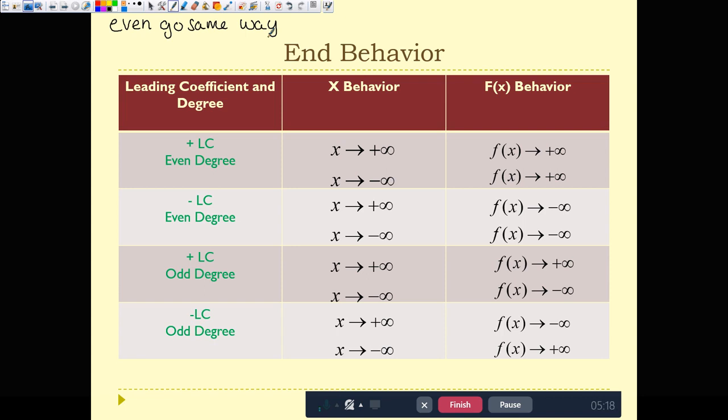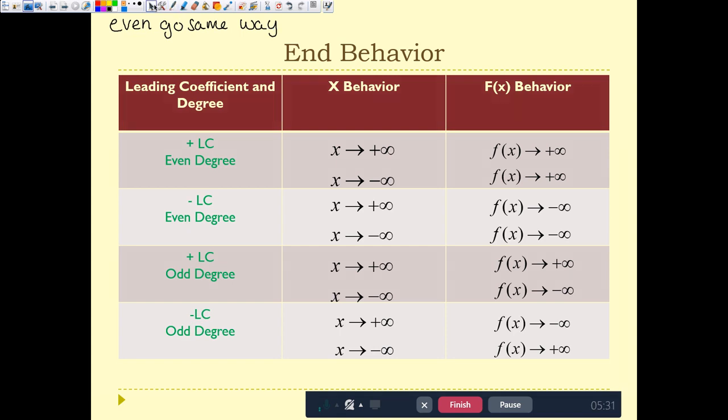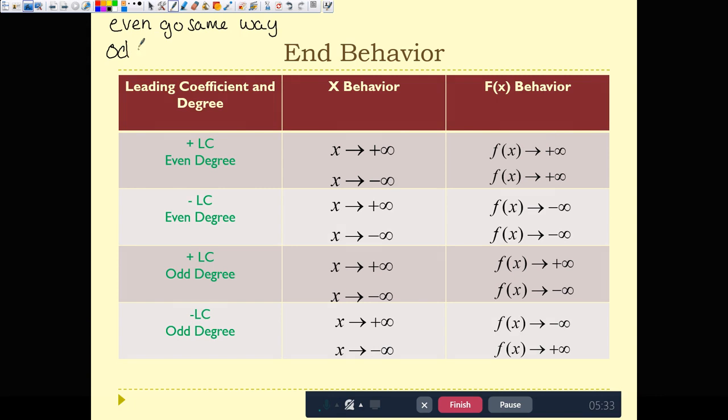And if the leading coefficient is negative and the degree is odd, then as it goes to positive infinity, it's going to go down. And as it goes to negative infinity, it's going to go up. It's going to be like a negative slope. So for odd degree, they go in opposite directions. So odd, opposite. Remember, they're odd, so they're going to go opposite.